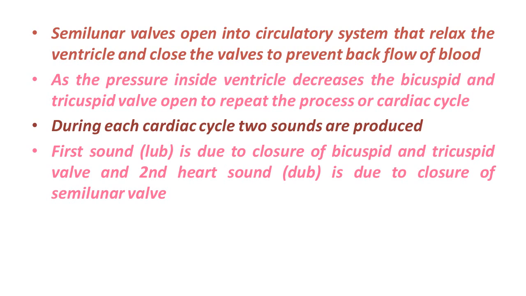The sequential events in the heart which are cyclically repeated are called the cardiac cycle, and it consists of systole and diastole of both atria and ventricles. It means rhythmic contraction and relaxation. The heart beats 72 times per minute, we know very well. That many cardiac cycles are performed per minute.